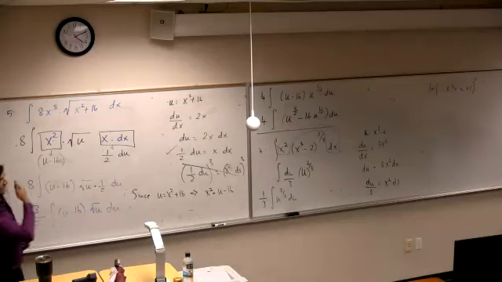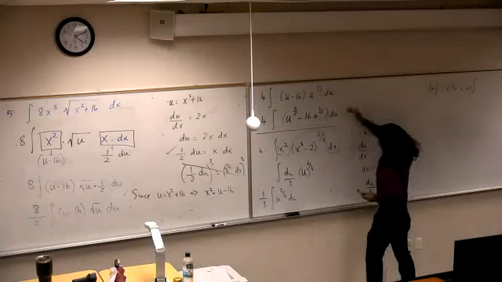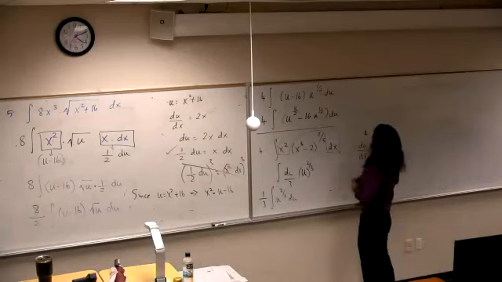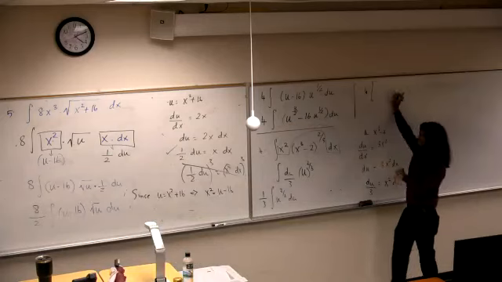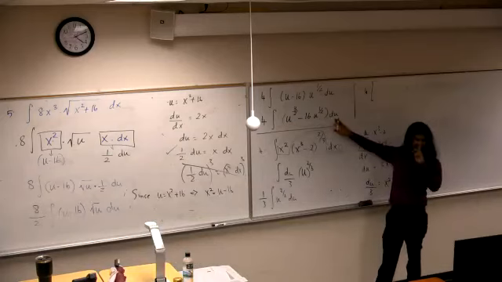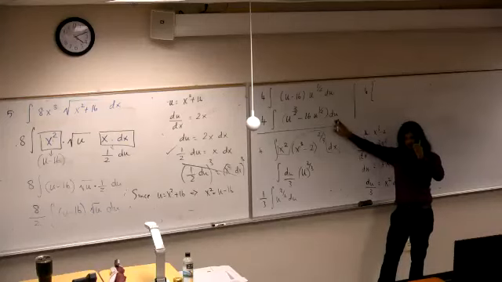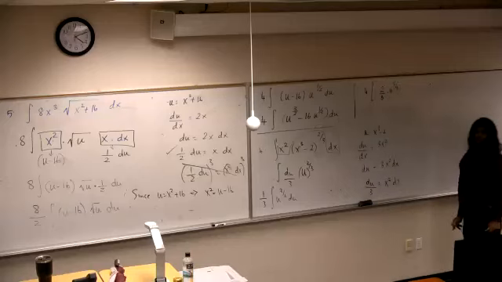We know that we can distribute that integral because I just have terms in addition. So I'm going to keep that 4 outside and integrate the first term. What is the integral of u to the 3/2? u to the 5/2 over 5/2, which is the same as 2/5 u to the 5/2.